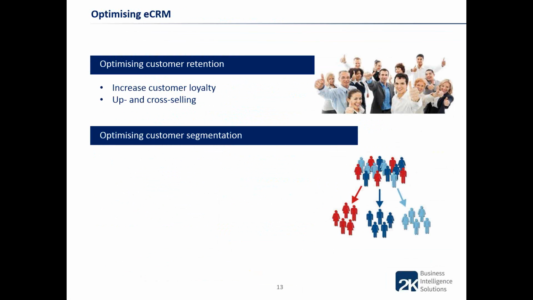Then finally, customer segmentation. That's something, like I said, we're going to be showing also in the last part, where we're going to be talking about data segmentation and how to segment, how that can be supported by business intelligence software.